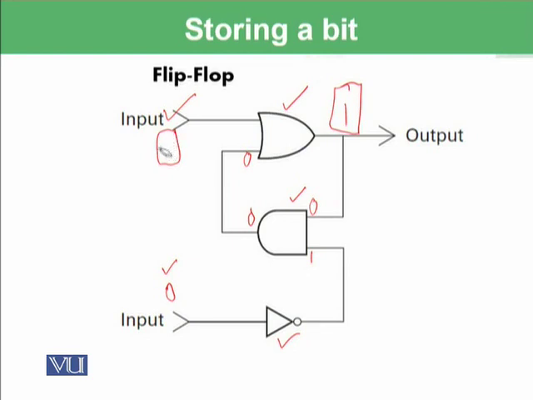Now change this input to 0, because we were saying that on the input of 0, 0, it will retain its position. Let's see what is happening. This 0 is going here, 1, and this 1 is coming from upside. So we have 1, and this AND gate is producing an output of 1. We have one input 0, the other input as 1, so it will produce 1. Similarly, if we change the lower input to 1, this flip-flop will start saving the output as 0.